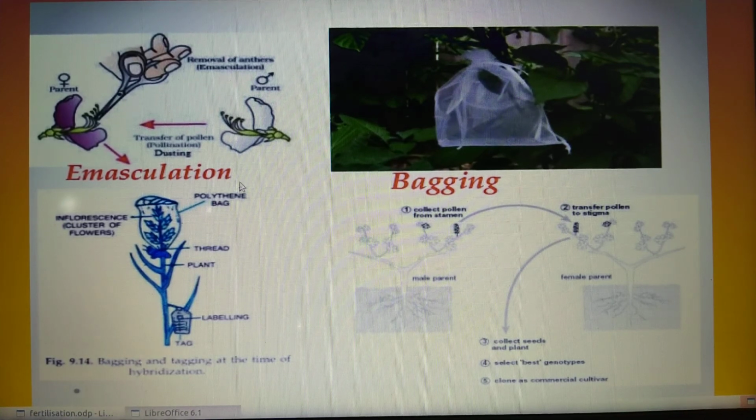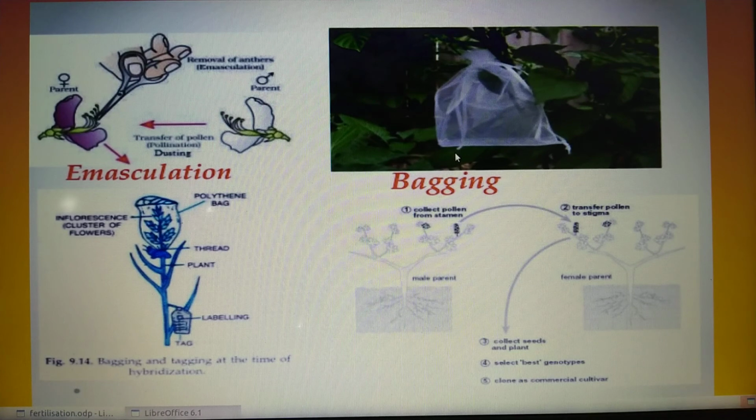After emasculation, we have to cover the female flower using a polythene bag. This is done to prevent further pollination by wind and insects. Afterwards, what happens? All the post-pollination events must occur.